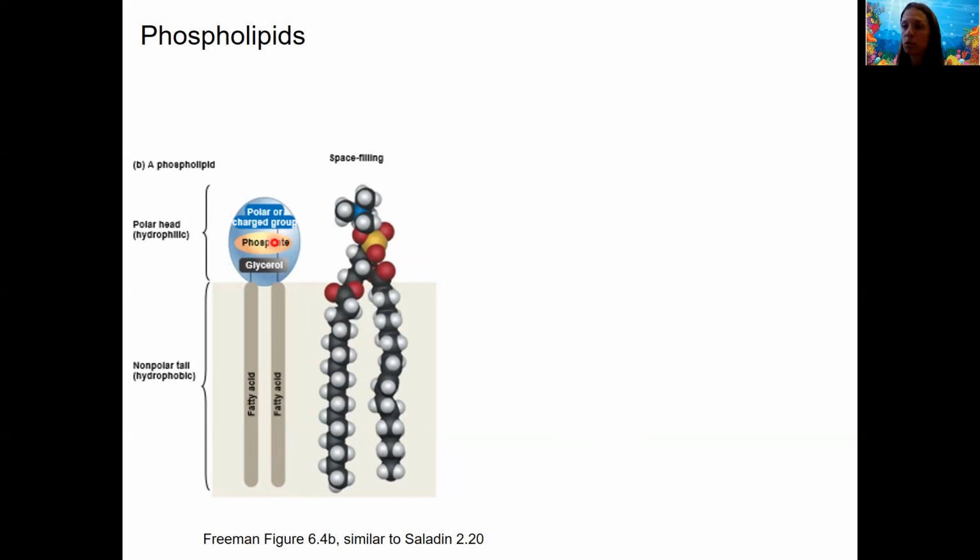This is really important for how they function in membranes. This is called amphipathic, meaning both hydrophobic and hydrophilic regions. This is an amphipathic molecule. Proteins can also be amphipathic, and actually transmembrane proteins are, because that's how they can be stable in the membrane. Back to that.